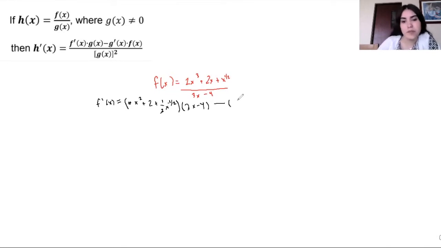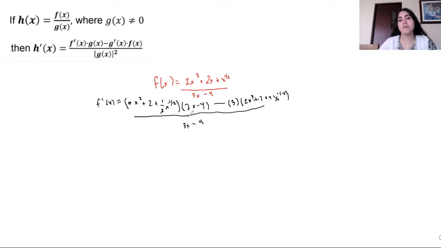The derivative of 3x is 3, and the 4 is 0, so we leave it like that. Then the top part we leave as it is, so 2x cubed plus 2x plus x to the half, and then we close parentheses, all over 3x minus 4, and then this part will be squared.